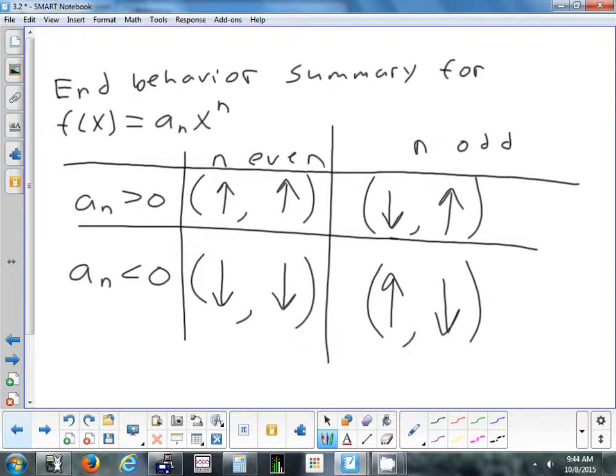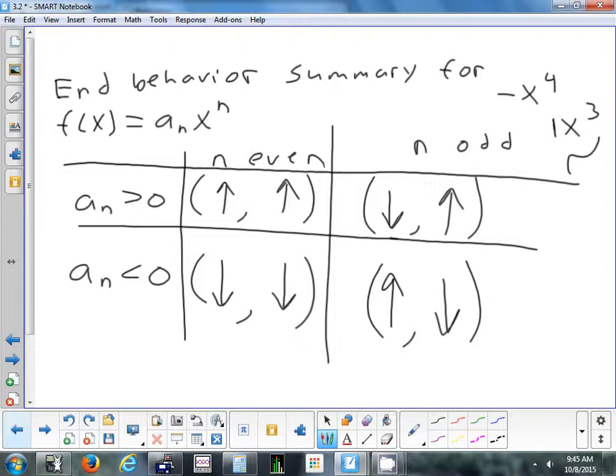Okay? If it's positive, that would be up and up if the exponent was even. If the exponent was even and the number in front was a negative, like we did in the last problem, negative x to the fourth, that would be down and down. If you had an odd and the number in front was a positive, the behavior would look like this.